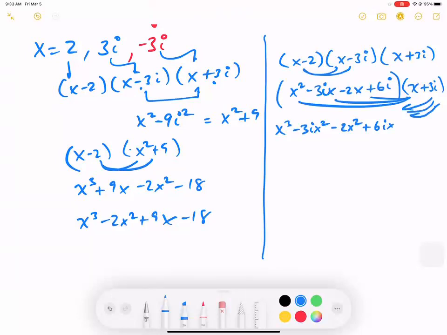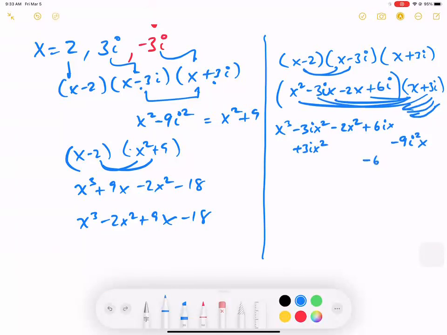3i times x squared is positive 3ix squared. Those matched up, so they're going to cancel out. 3i times the next term, negative 3i, is negative 9i squared, negative 9i squared x, because I don't have any i squareds anywhere else, so that's a new term. 3i times negative 2 is going to be negative 6ix.